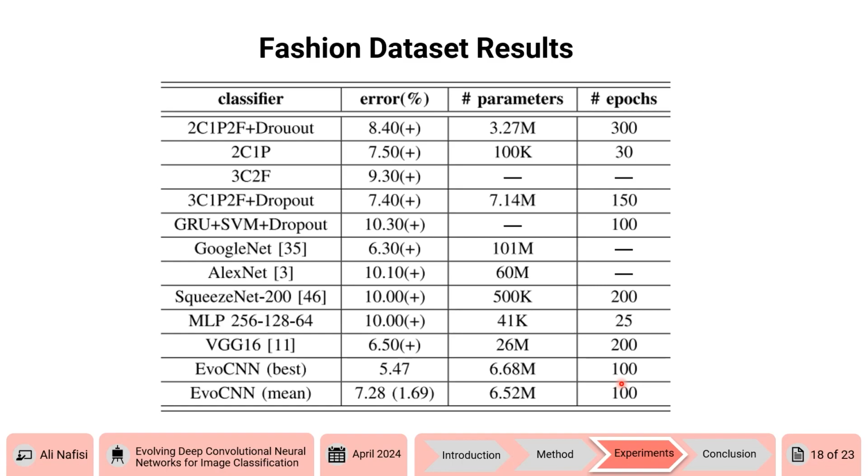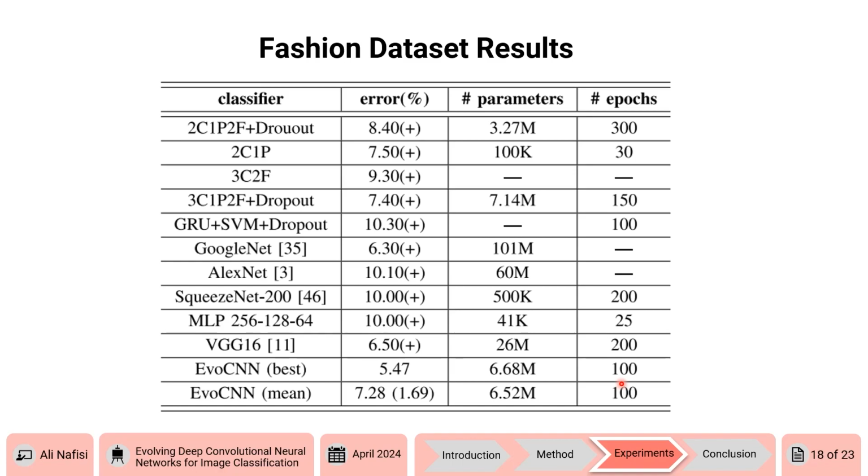They did the fitness evaluation with 10 epochs, and after that, when the final generation returned, they did 100 epochs for each individual in the final generation.